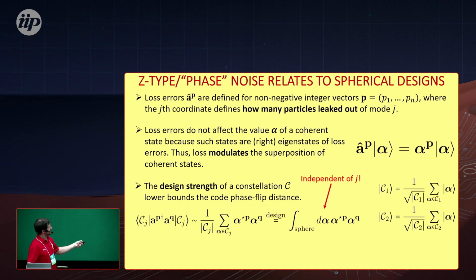Which means that the environment, through these observables, is not able to distinguish which logical state you're in, because all of the expectation values are equal, and so they don't give you a hint on which j you're mostly dominant on. So in that case, being a design, a spherical design in this case, is sufficient to protect against this type of Z-type noise. Okay.